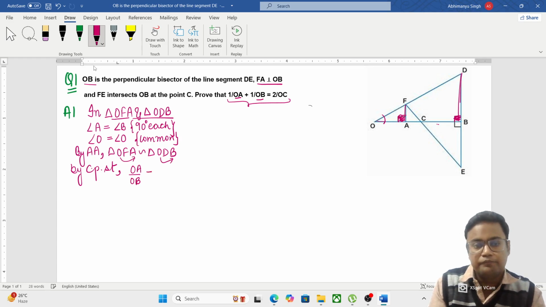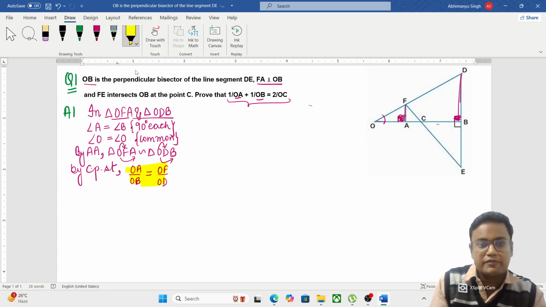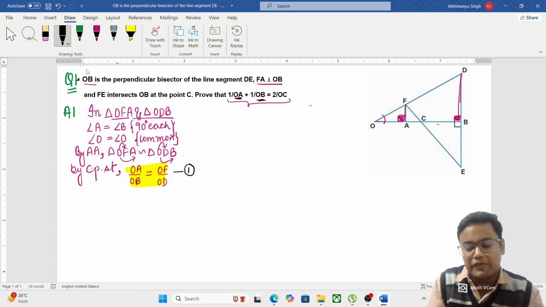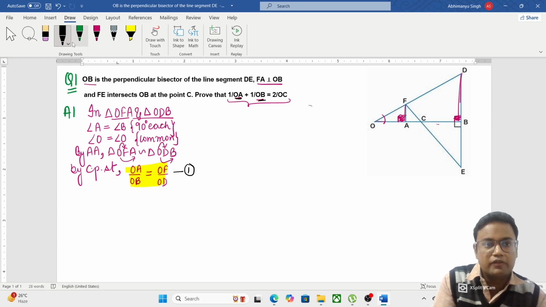On the other hand, I can write OF upon OD, right? And let us highlight it. This is a very important expression and it will be made use of sometime later, because you know that OA and OB are in the expression, and I told you in the beginning, taking the eyes away from the question can harm us, right?